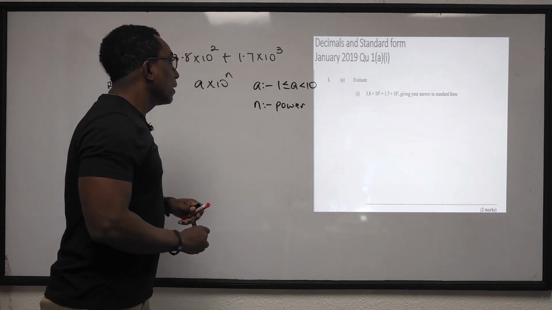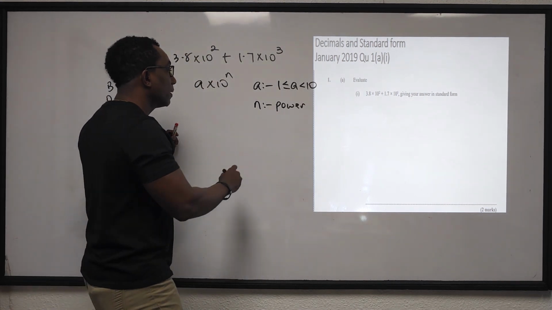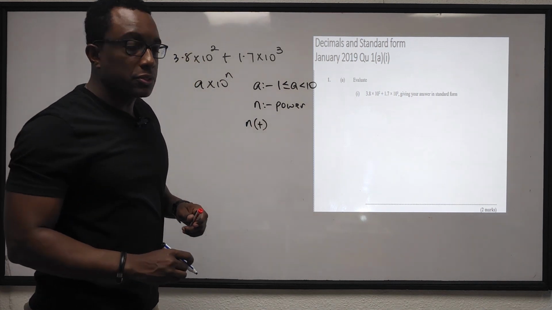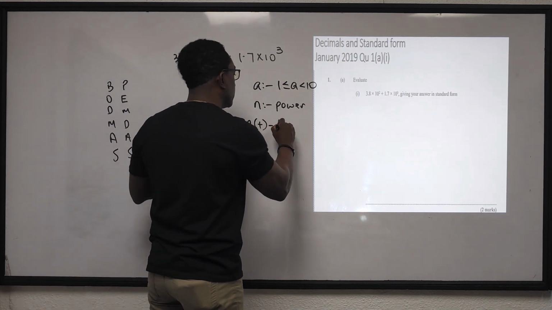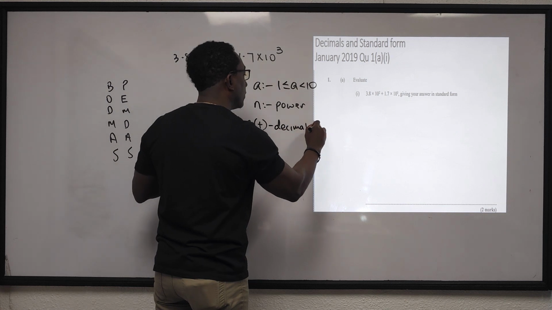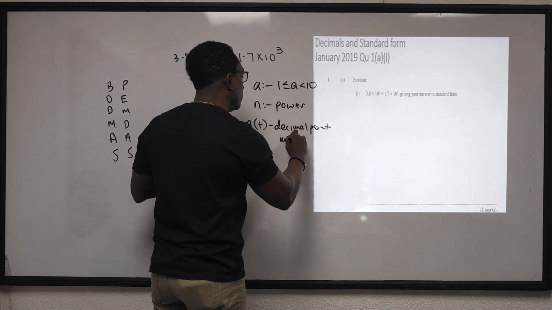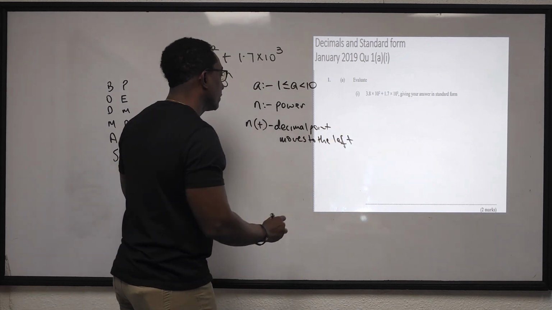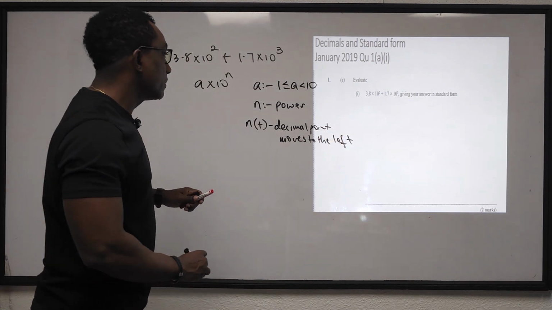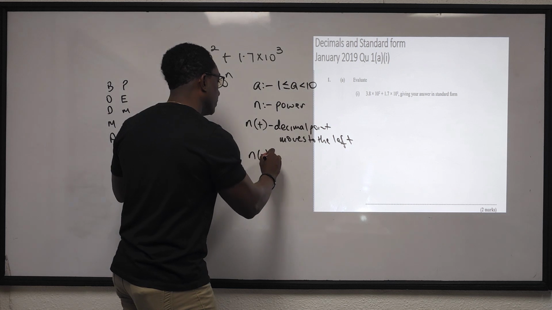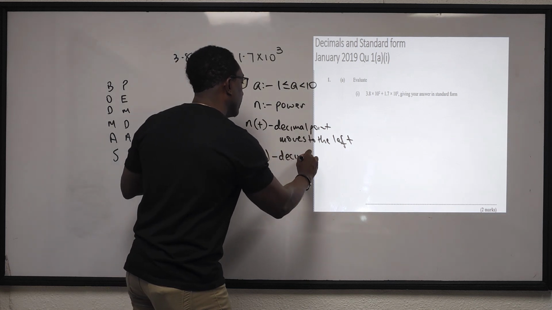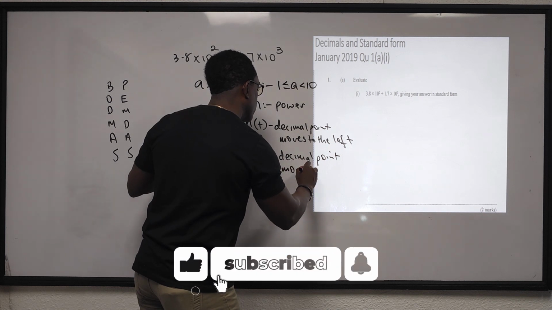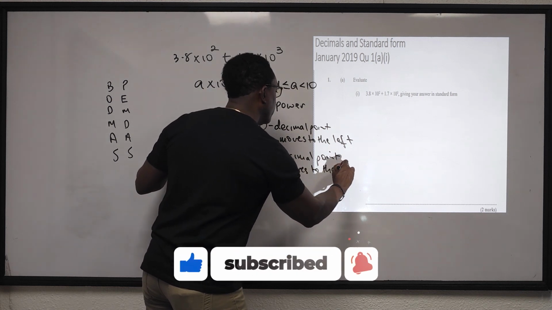Good? 10 is always fixed, so 10 doesn't change, and n is your power or index. Of course, that power is a positive power, so n is positive when the decimal point moves to the left, and n, your power, is negative when your decimal point moves to the right.